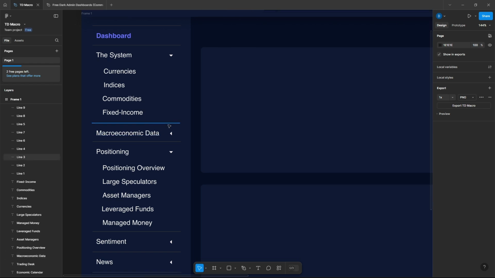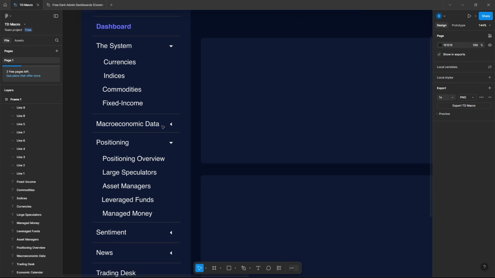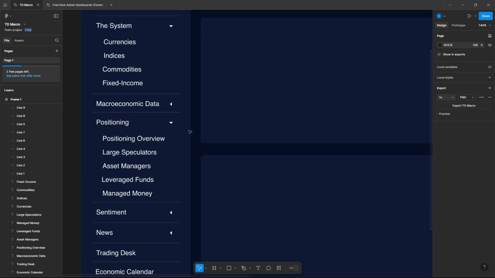Next we have positioning, which is really important for me because I want to understand how institutional money is positioning, right? Are they bullish, are they bearish, and so forth. So you'll have a positioning overview, and this will just give you a basic overview. I'm not sure how I'll make that yet, but just have a basic overview to say that, okay, institutional money, they're all very bullish on the Nasdaq, or they're all very bullish on the dollar, or whatever.